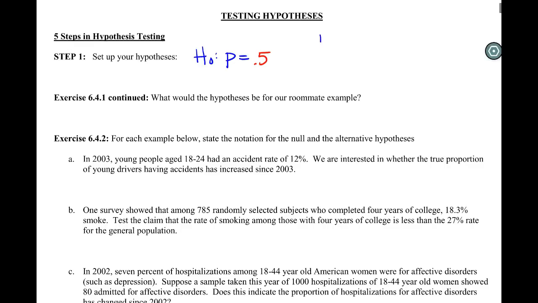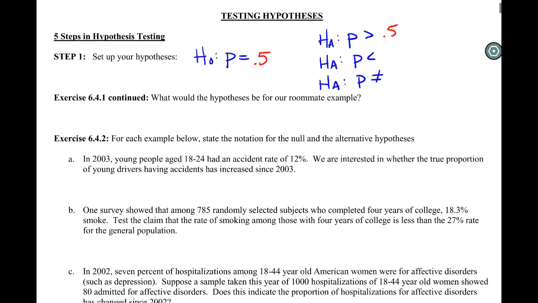The other side to this is that we also need an alternative, right? This is what we're going to work towards, but we want to have an alternative that we can say, well, if this isn't true, this must be the option. So there are 3 different possible alternatives: our right tail, our left tail, and our two-tailed alternatives that we saw back at the beginning. Do we care, like we did in the helper-hinder or the coin flip example, that we want to show that it's greater than 50%?